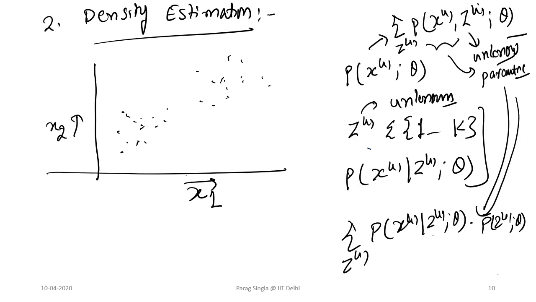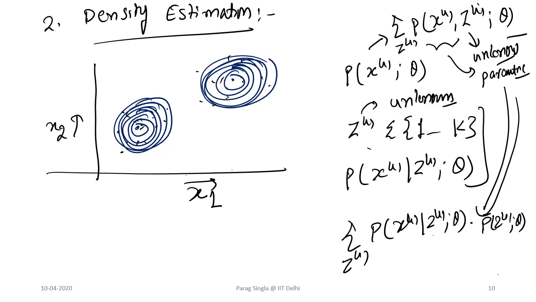And pictorially, this essentially corresponds to learning these Gaussian distributions around the corresponding centroids. But note that in this case we really don't know which point came from which Gaussian distribution.